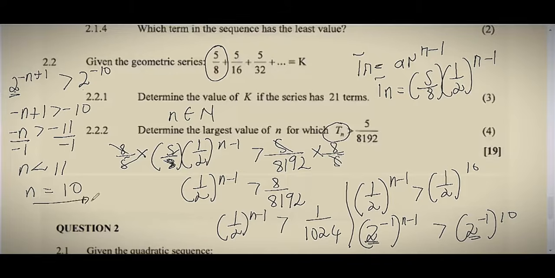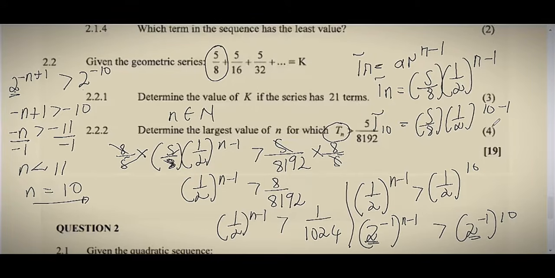So that means the largest value for which Tn will be greater than 5 over 8,192 is when n is equal to 10. So we can go ahead and try to prove it. If we say T10, this is 5 over 8, and then 1 over 2, then substitute our 10 here. Let's see if the value that we get will be greater than the value that we are given here, the 5 over 8,192.